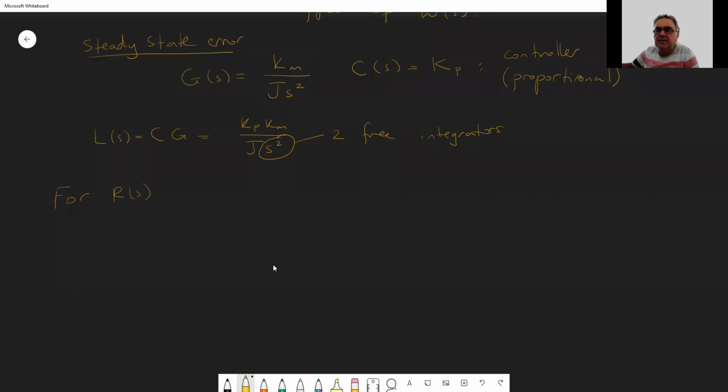For R of S, we want to find the system type. As you might remember, the steady state error is the limit as s goes to 0 of, well, you have to have s squared here.